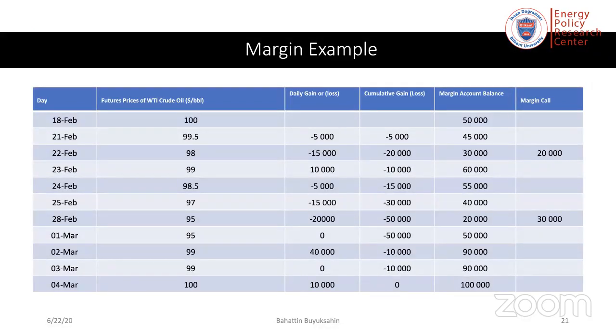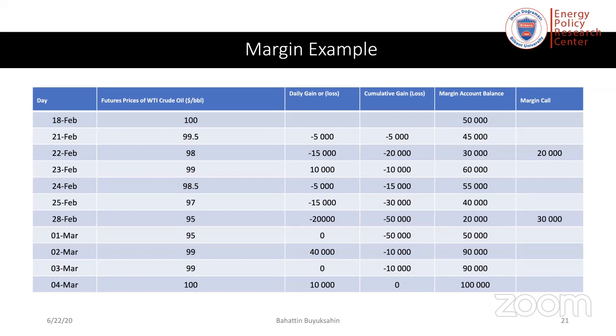Let's look at our example. In this example, the contract is entered into on February 18 at $100, and the margin account balance shows $50,000. $5,000 for each contract, and there are 10 contracts, therefore $50,000.